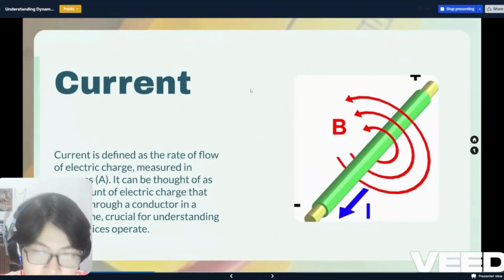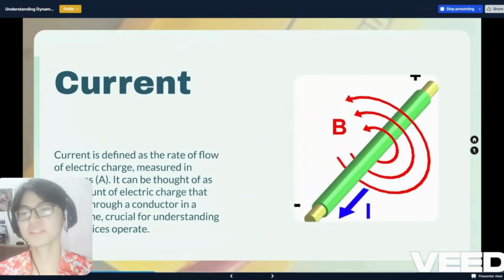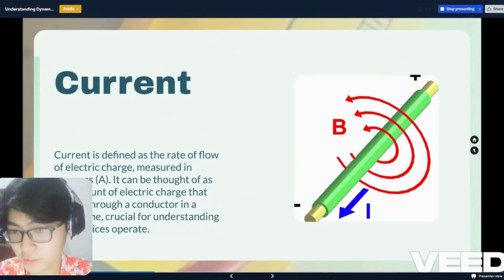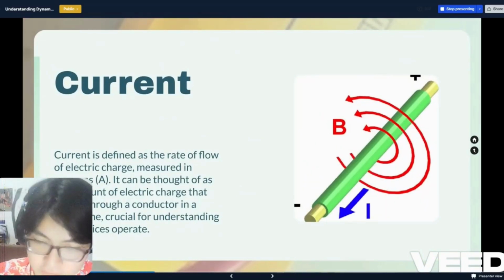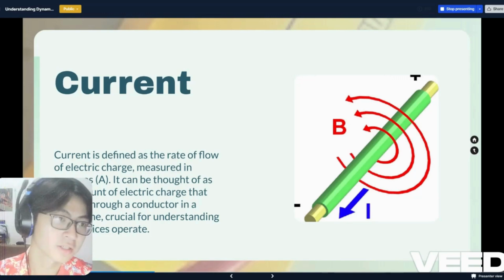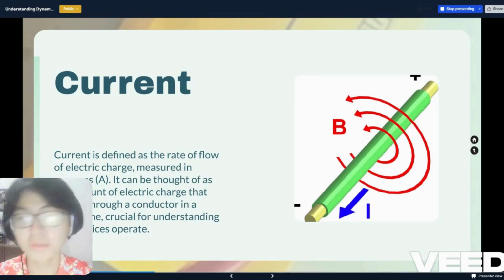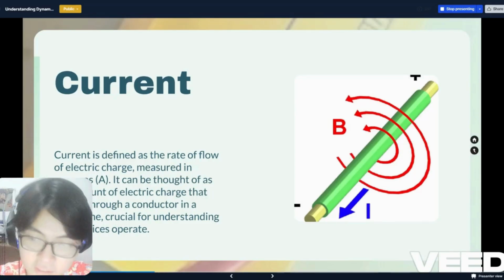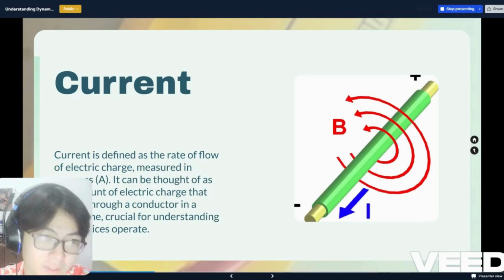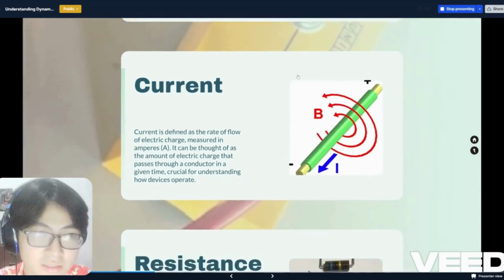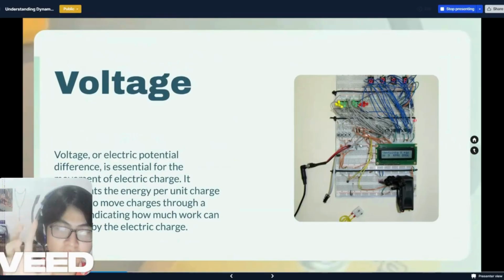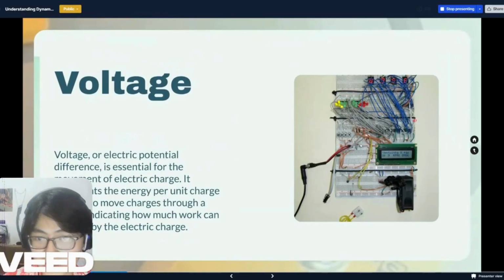And now we move on to current. Basically, current is defined as the rate of flow of electric charge, measured in amperes, or A, as we call it here. It can be thought of as the amount of electric charge that passes through a conductor in a given amount of time, which is connected to voltage, the previous concept that we highlighted earlier.